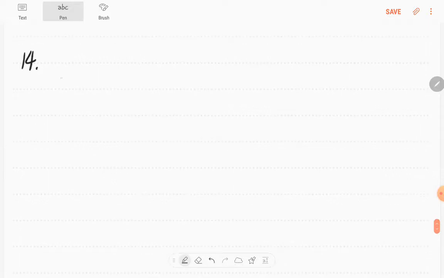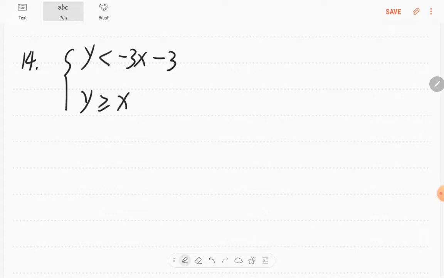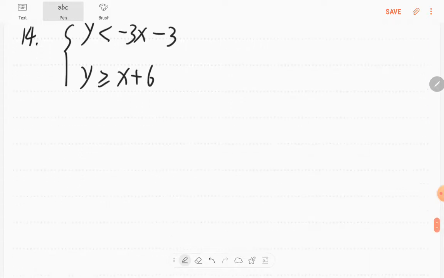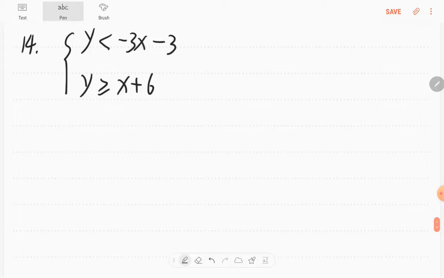So we want to look at the graph of the solution for y is less than -3 minus x, and y is greater than or equal to x plus 6. Okay, so the first thing is we need to draw the graph for each one, right?